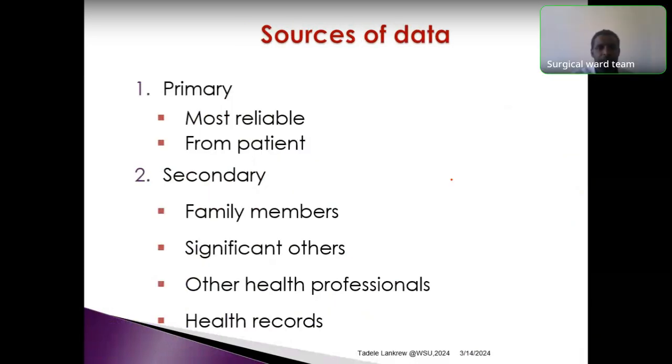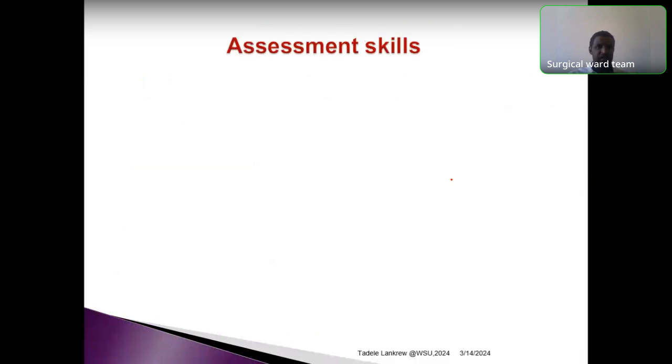There are two sources of data: primary and secondary data. Primary data is the most reliable, gained from direct patient interviewing. Secondary data can come from family, significant others like friends, other health professionals, health records, and medical records.